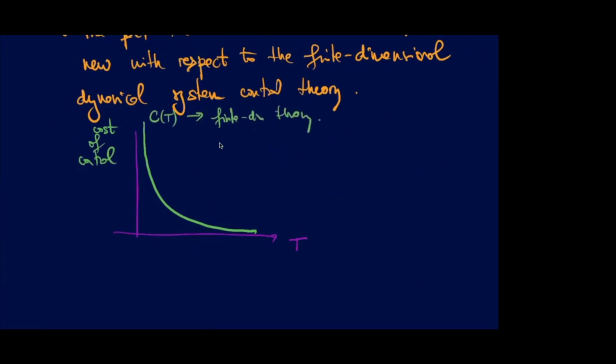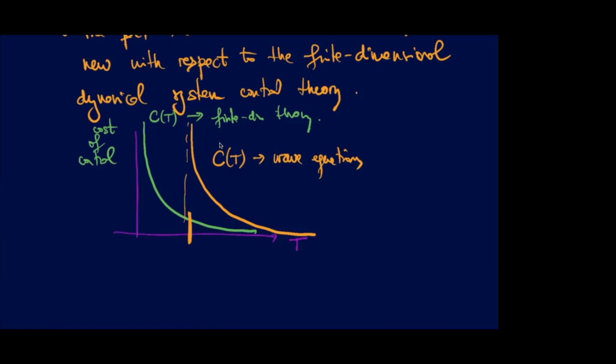But this is the case in the finite dimensional theory, in the sense that I could take the time interval as short as I wish, and then I could make the cost either very large or very small, depending on how long I have to do the task. But in the infinite dimensional case, something that is radically new is that there is a minimum control time for wave equations, below which the cost of control will blow up, and nothing could be done.